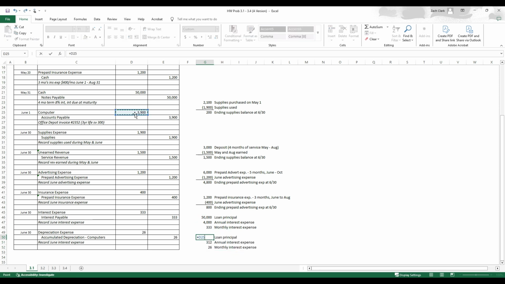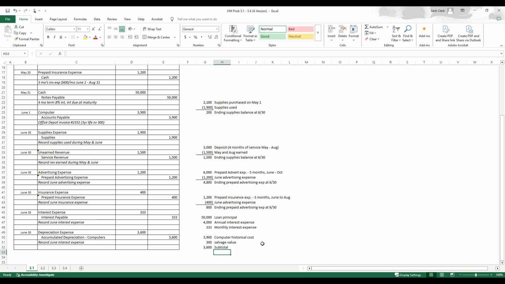So the computer was $3,900. Computer historical cost. The salvage value is $300. So if we take the historical cost minus the salvage value, we get that. We'll just call that the subtotal.